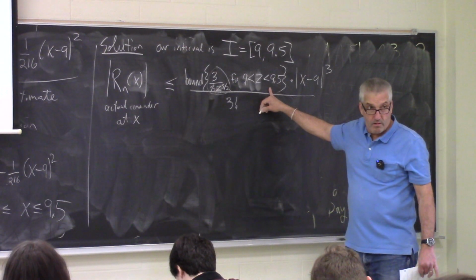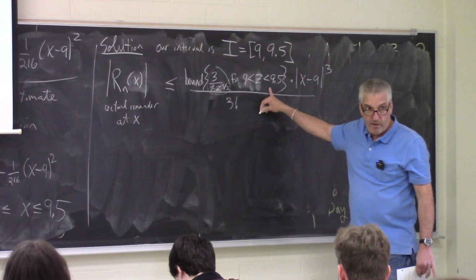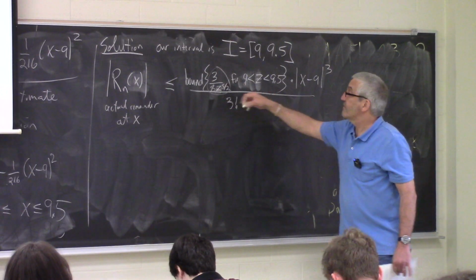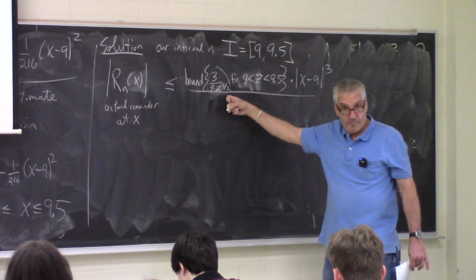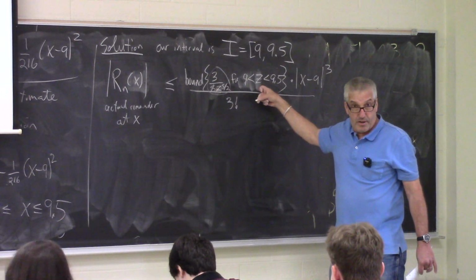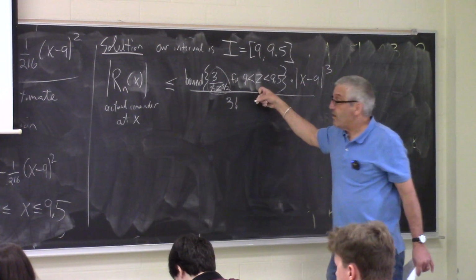When z equals 9. Why 9? Why not 9.5? Yeah, this is the biggest when z is the smallest. Now notice, 9 is not in this set, but it could be used as the bound.